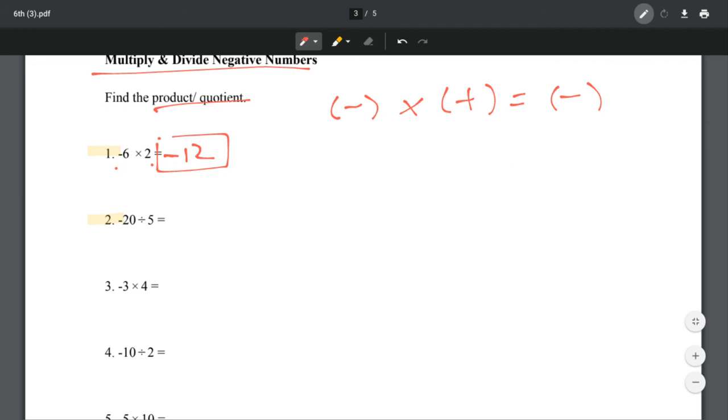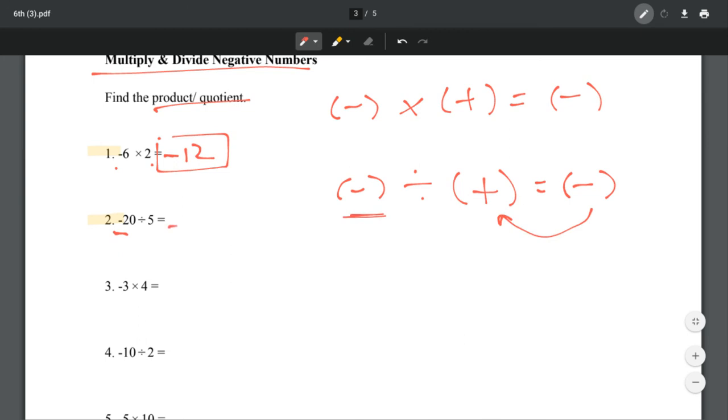Number 2. Again, we have a negative number, but this time it's division. A negative number divided by a positive 5 is going to equal what? Still a negative number, right? Because negative times a positive is going to equal negative.